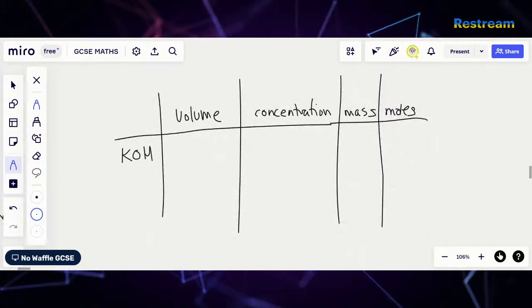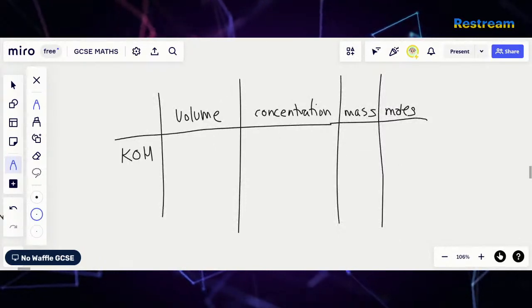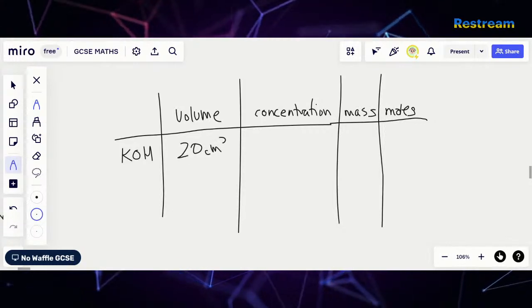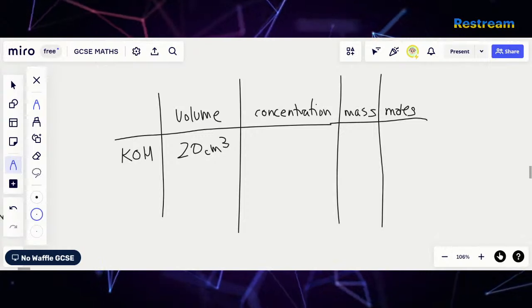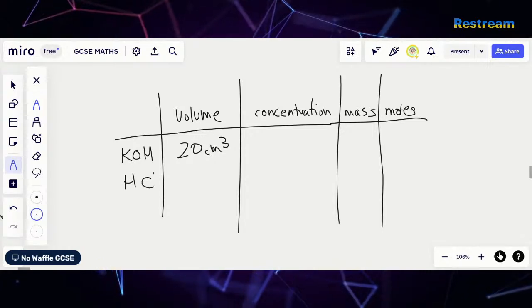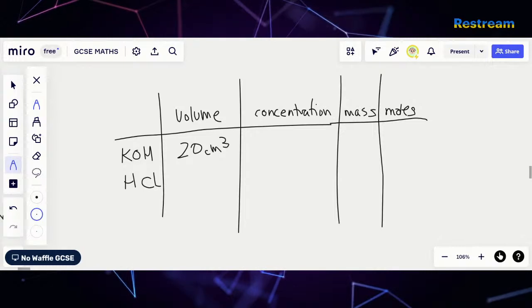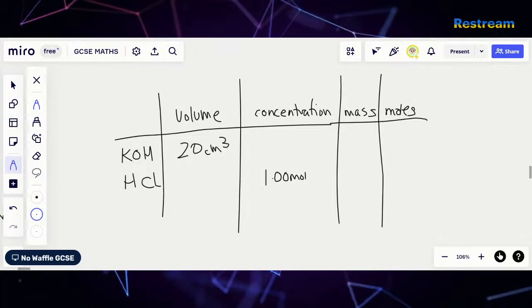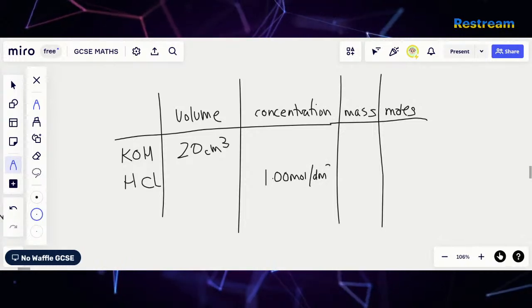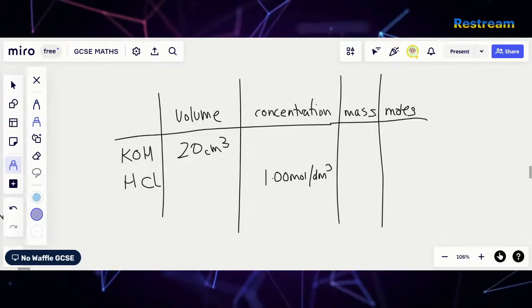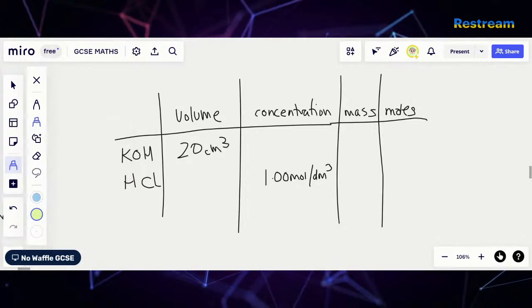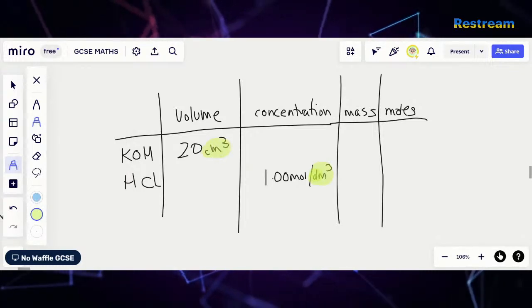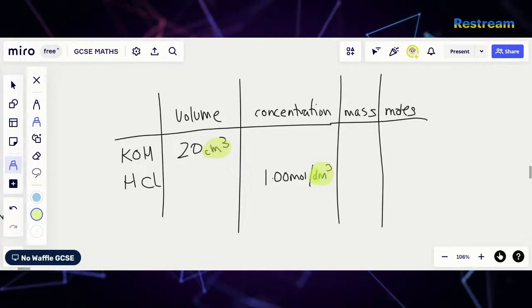We have used, this is the alkali, 20 centimeters cubed of potassium hydroxide titrated against hydrochloric acid, and this hydrochloric acid has a concentration of 1 mole per decimeter cubed. Now notice, and do not forget, that centimeters cubed and decimeters cubed are two different units, so there will definitely need to be some conversion.